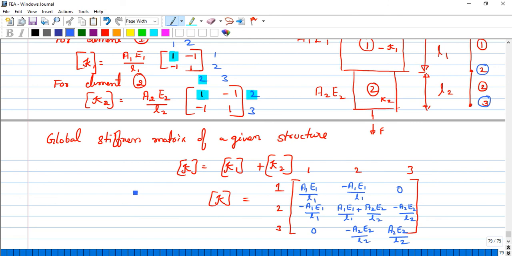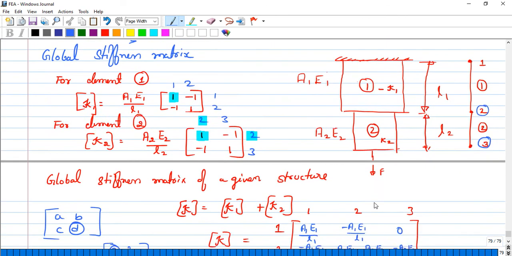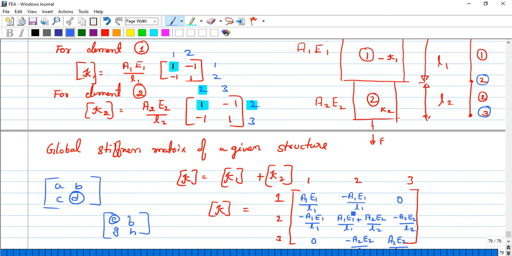In brief, for element 1 I have A, B, C, D, and for element 2 I have E, F, G, H. What happens is that this term and this term get added up, and the remaining terms we write as they are, following the same position. So this is how you write the global stiffness matrix. Let me wind up my session here.